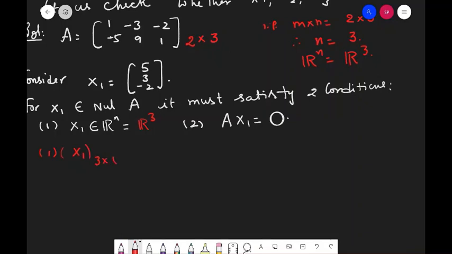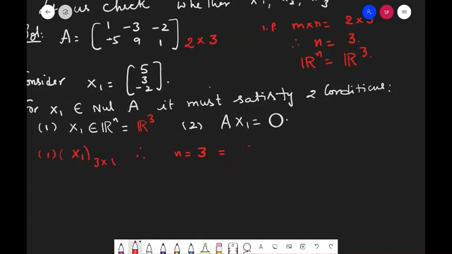Therefore, here you have n is equal to 3, which is equal to the number of rows in x1. Therefore, x1 belongs to R3. The first condition is satisfied.